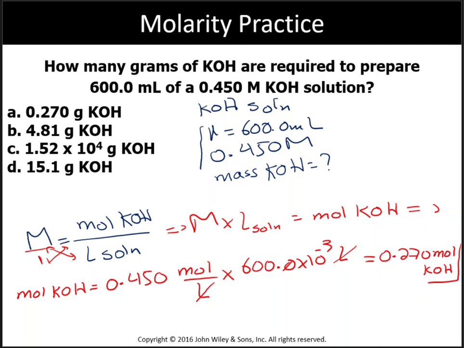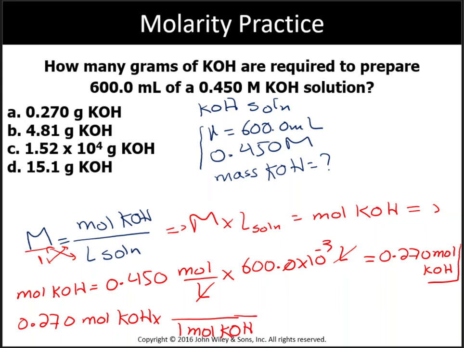Now, once you have the moles of potassium hydroxide, you can find the mass of potassium hydroxide by using the molar mass. So 0.270 moles of potassium hydroxide. We're going to use the molar mass of potassium hydroxide here.